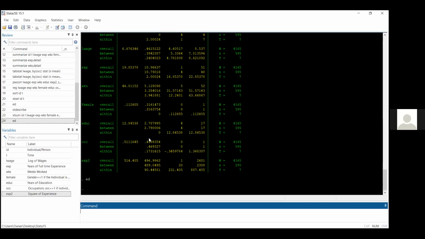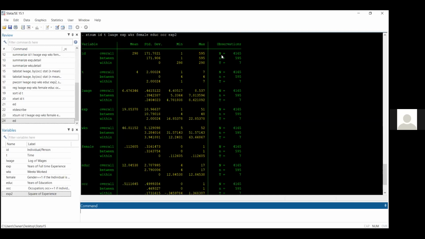Now, for occupation, this is also a funny statistic though. For those in blue-collar jobs, between individuals, yes, most likely variation is higher, but within the same person over time, it is the same thing.